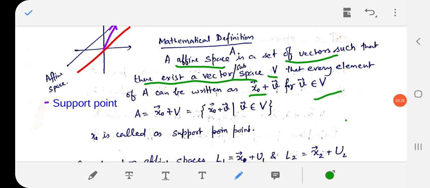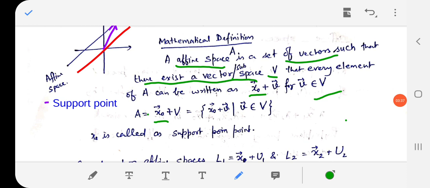So there is some vector space W, and then there is a subspace V, and you take every vector of the subspace V and add some vector of vector space W to each and every vector.